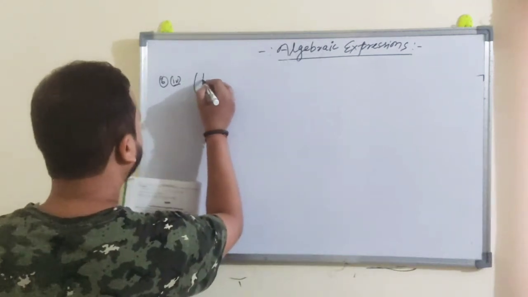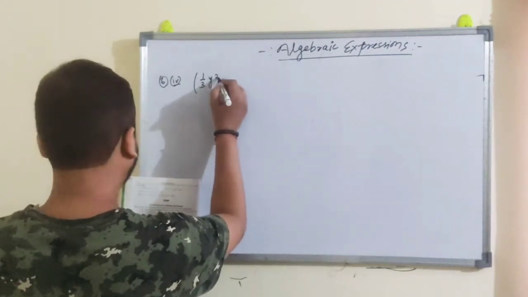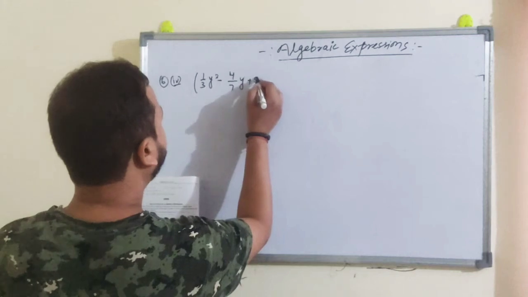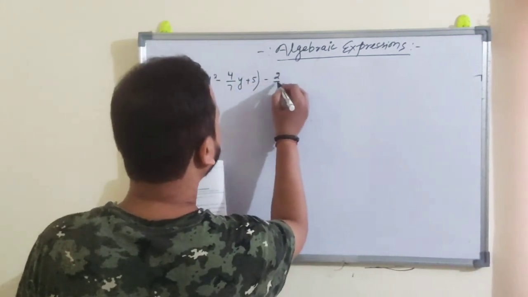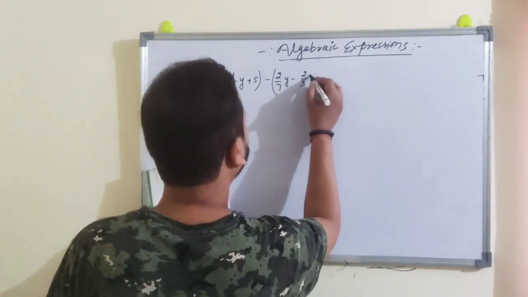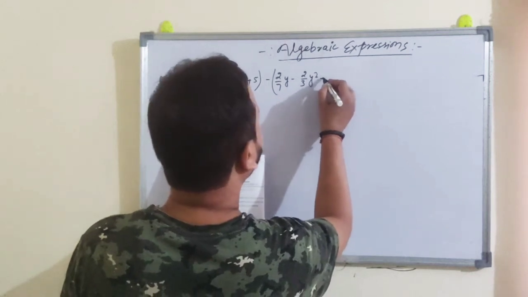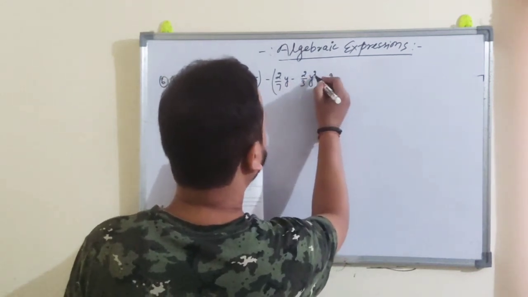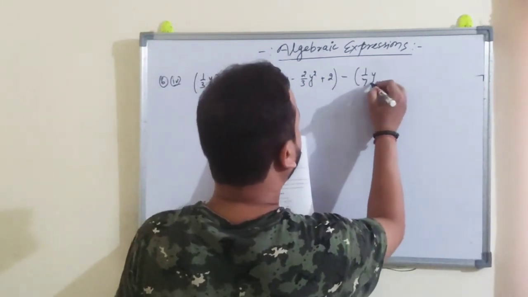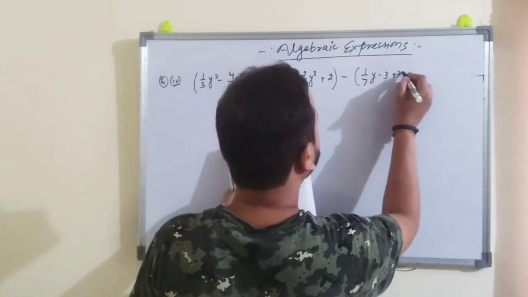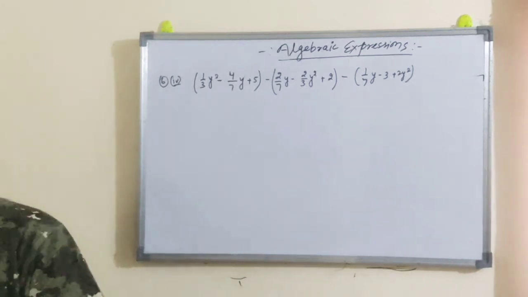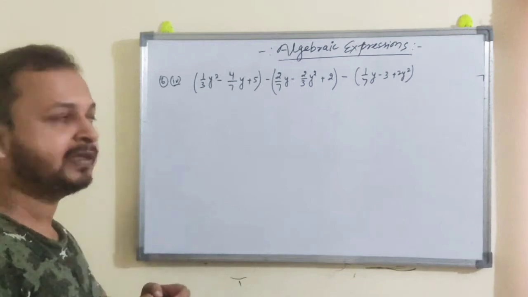So 1 by 3 y square minus 4 by 7 y plus 5, minus 2 by 7 y minus 2 by 3 y square plus 2, this is y square actually, and minus 1 by 7 y minus 3 plus 2y square. So you have to simplify this, right?